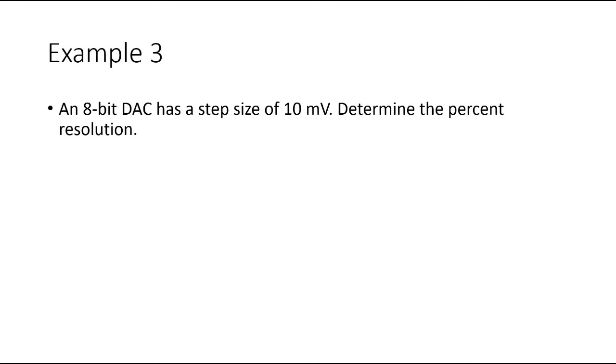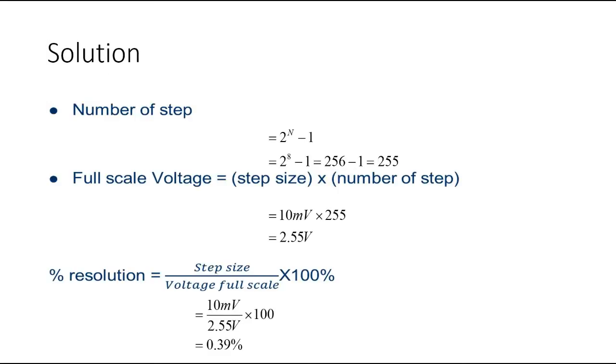For example, an 8-bit DAC have a step size 10 millivolts. So determine the percentage resolution. Okay, so we can calculate number of step equal to, because of 8 bit.